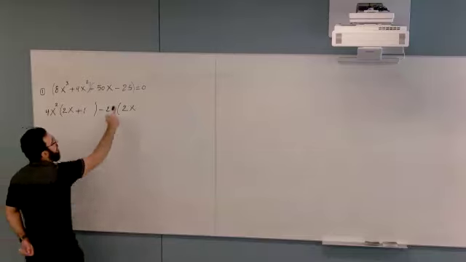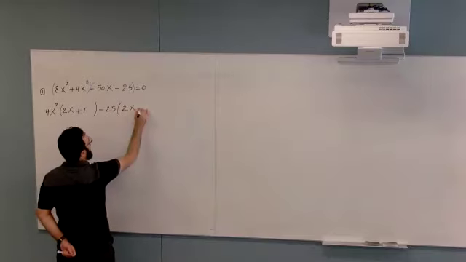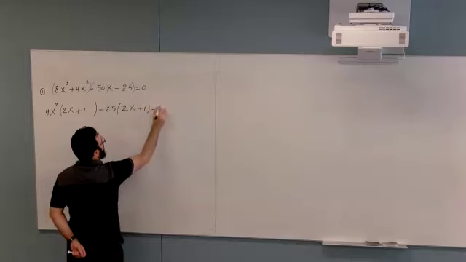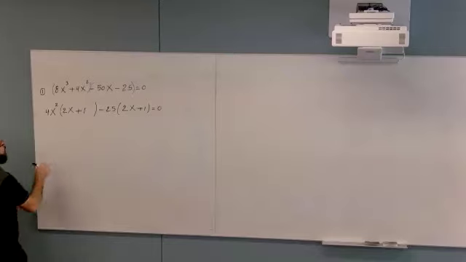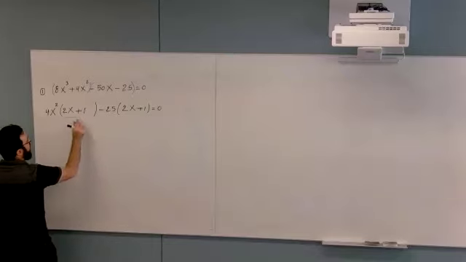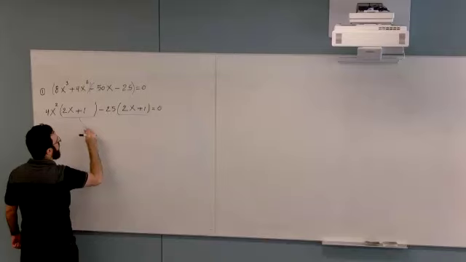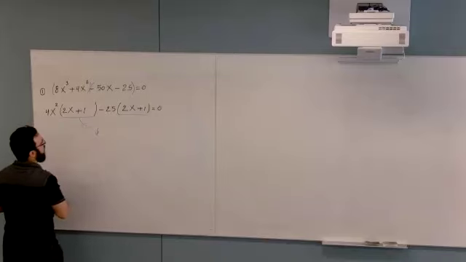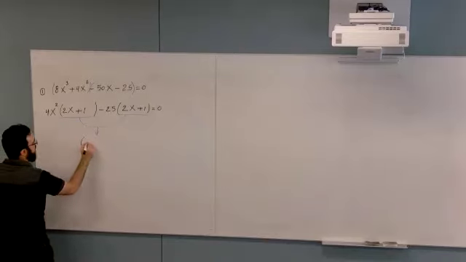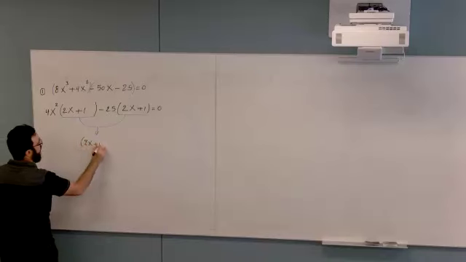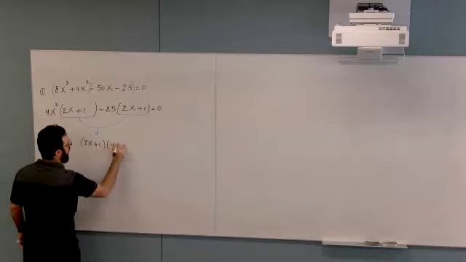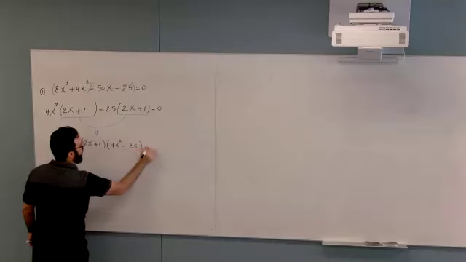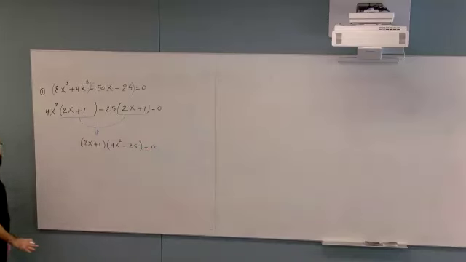Then 25 divided by 25, plus 1 equals 0. Okay, so far. Now I see I'm on the right way to solve it because these 2 terms are the same. I'm going to say, okay, it's 2x plus 1. And what's left from here? x squared minus 25. x squared minus 25 equals 0. Is that okay so far?